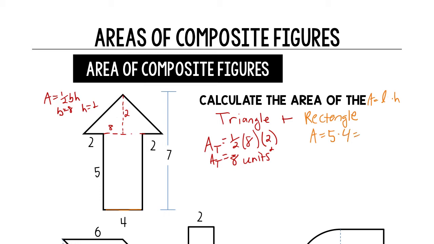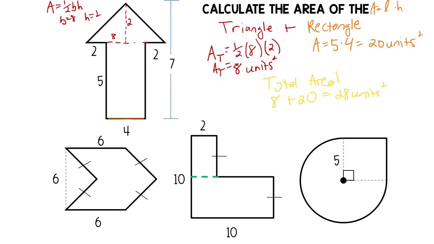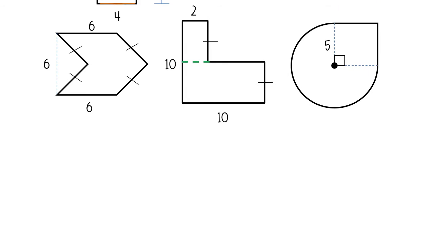So we have 5 times 4, and that's 20 units squared. If we want the total area of the whole thing, we add the areas of the two composite parts. So we do 8 plus 20, and we get 28 units squared for the area of our total figure. So we're just going to use some creativity to find these. You can totally do it.